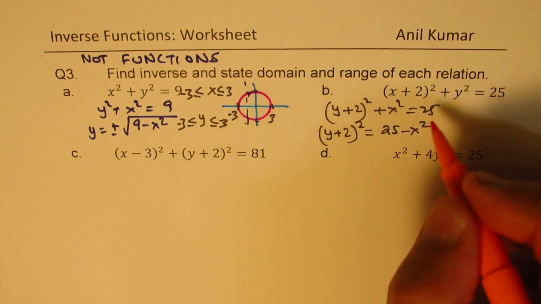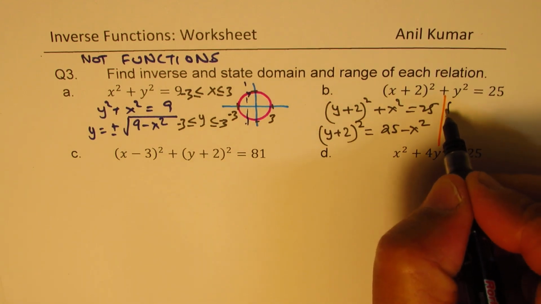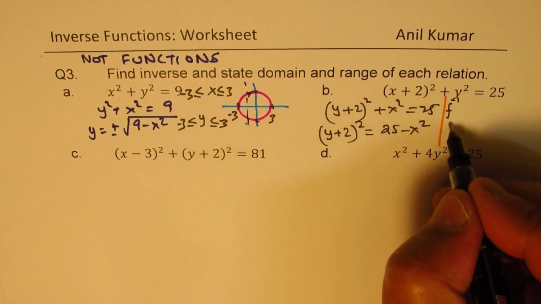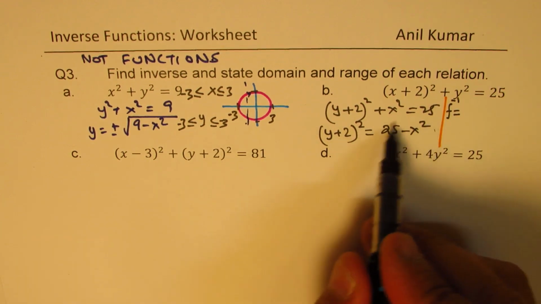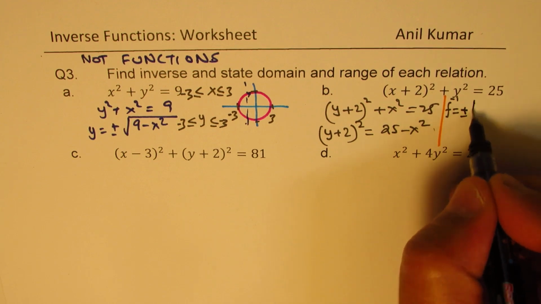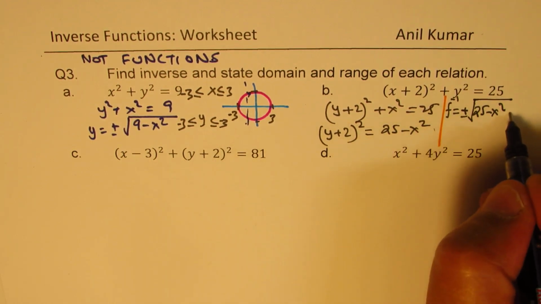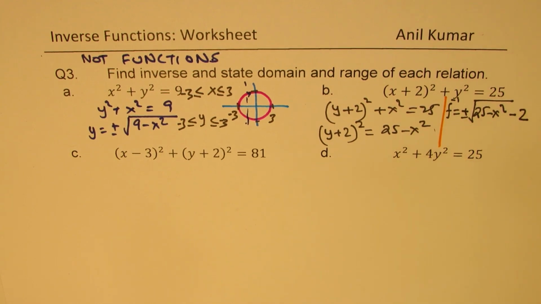So now when you find the inverse, you can write the inverse, which is the y value, as equal to square root of all this and take away 2, right? So it will be plus minus square root of (25 minus x square) minus 2. That becomes your inverse. Perfect. And you have to now mention what is domain and range.